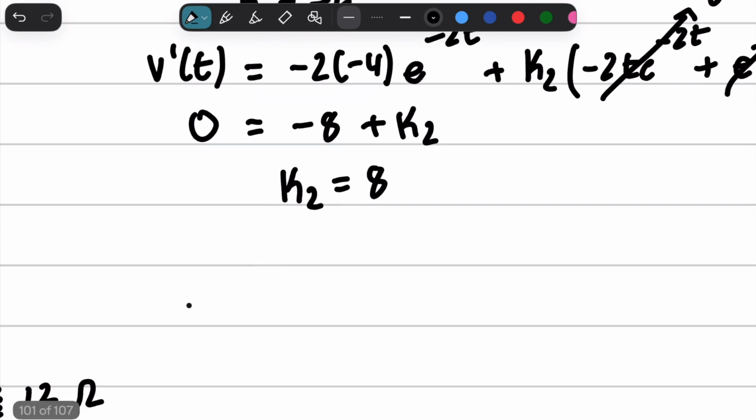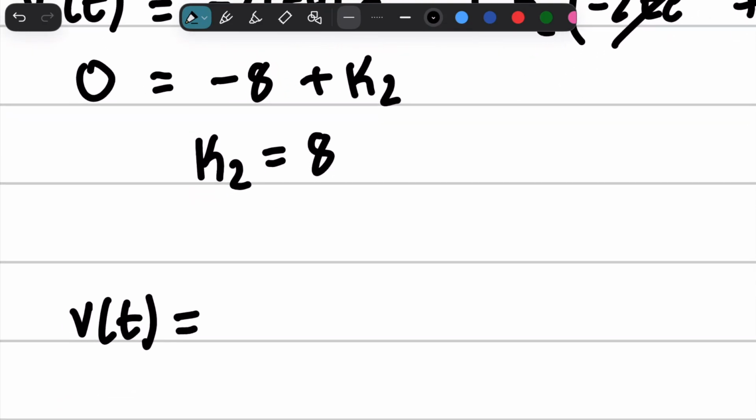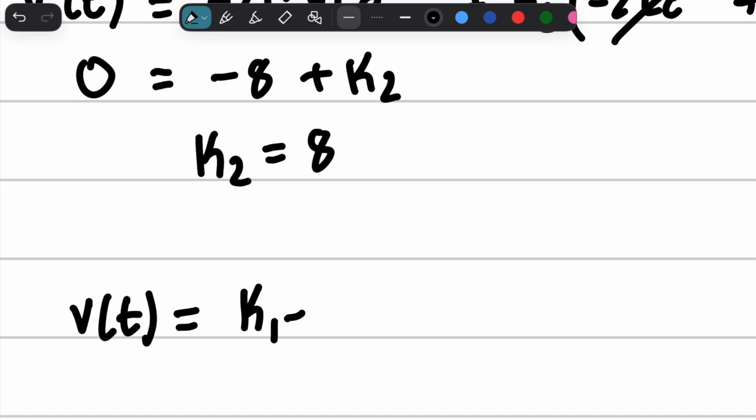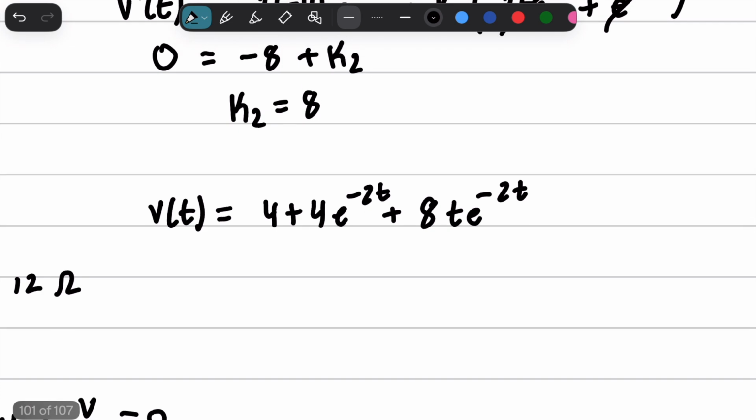And so our final answer for this problem is going to be V of t is equal to, not K1, we've already found that, it's going to equal 4 plus 4e to the negative 2t plus 8t e to the negative 2t. And this is our answer.